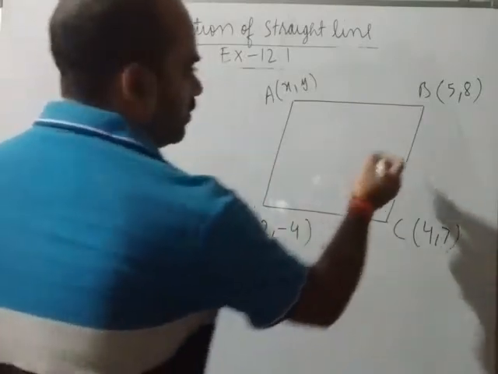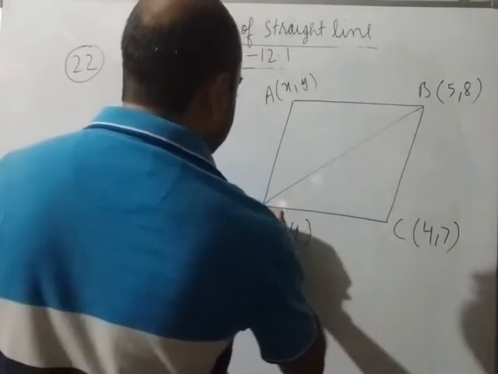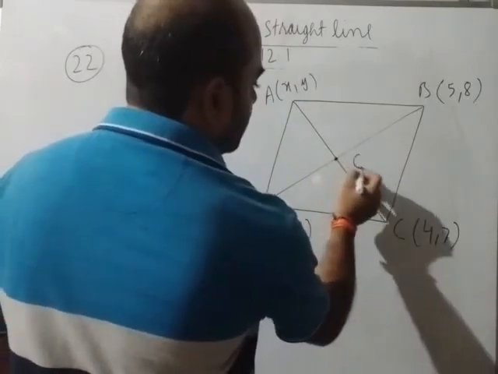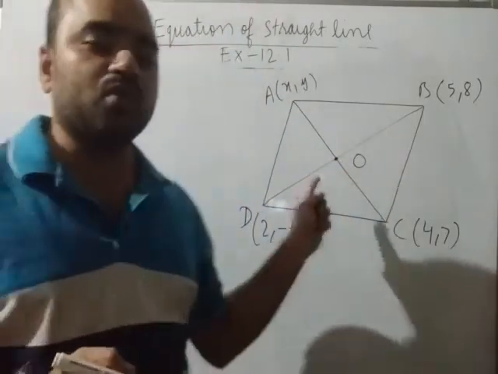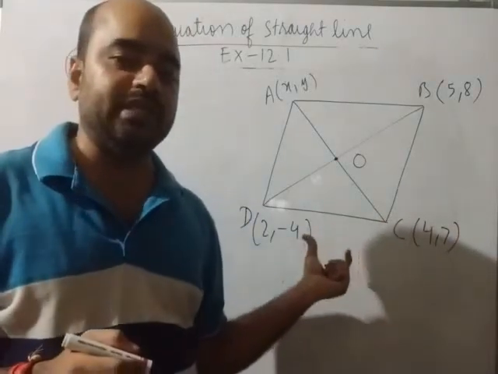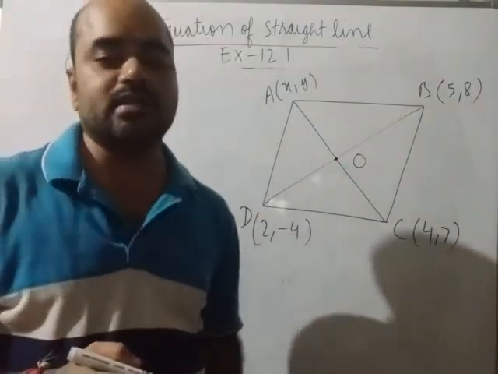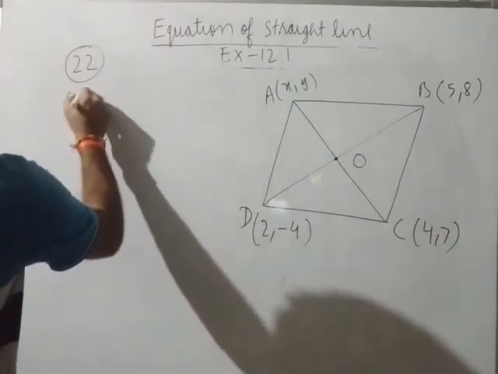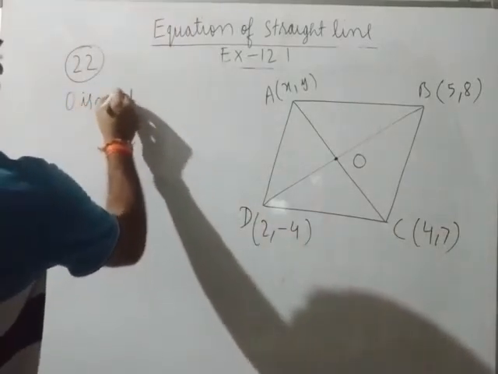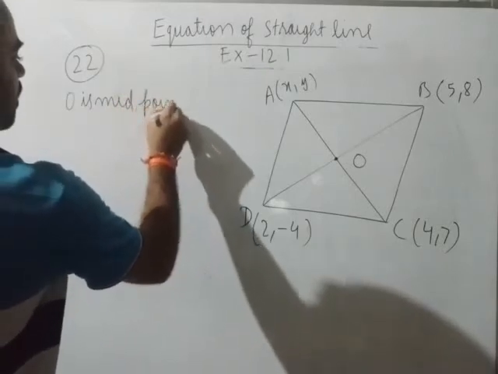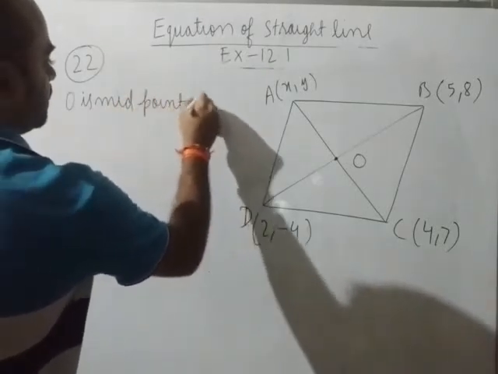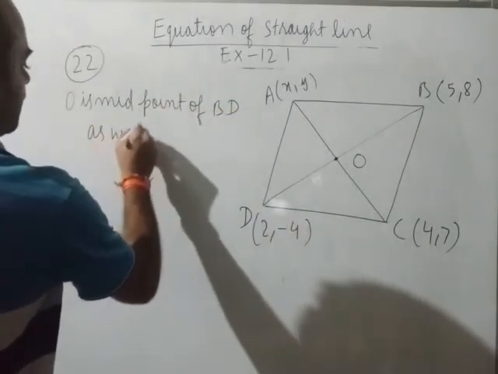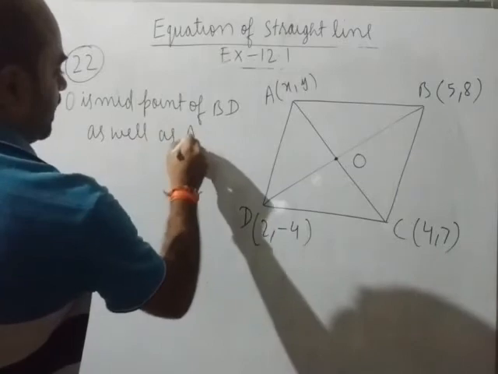It means if we join the diagonals BD and AC, O is the midpoint of BD as well as AC, both.